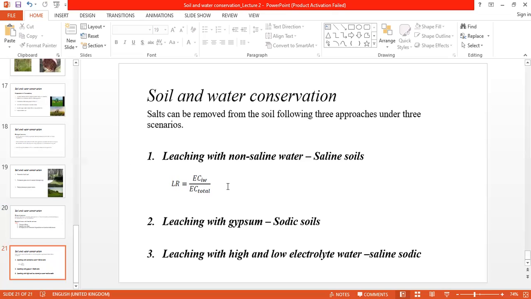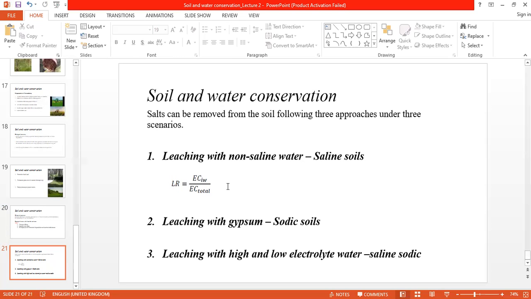But now, if you have a sodic soil, a sodic soil is one which is going to have sodium, and sodium is what we don't want in our soil because it will destroy our structure. So we can add gypsum.